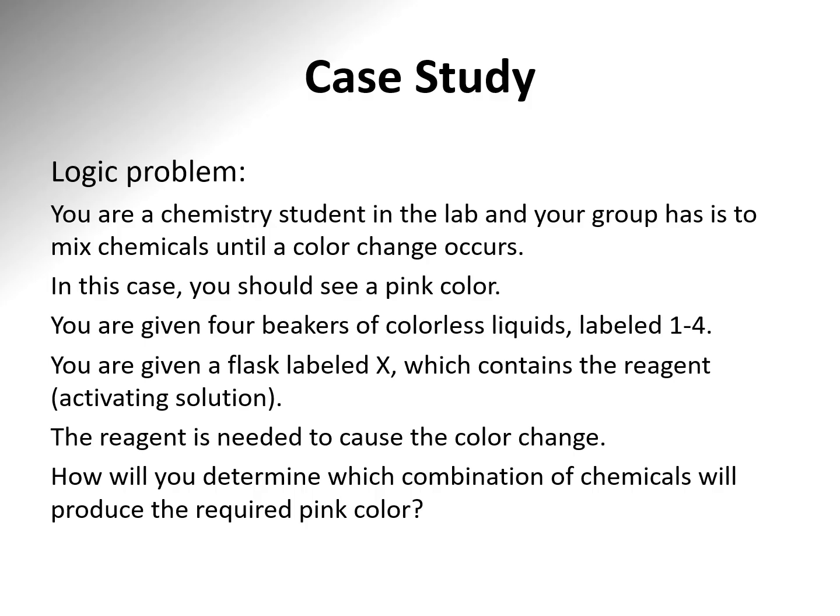You are given 4 beakers of colorless liquid labeled 1, 2, 3 and 4, and you are given a flask labeled X which contains a reagent, which is an activating solution. The reagent is needed to cause the color change. Now my question to you is, how will you determine which combination of chemicals will produce the required pink color?